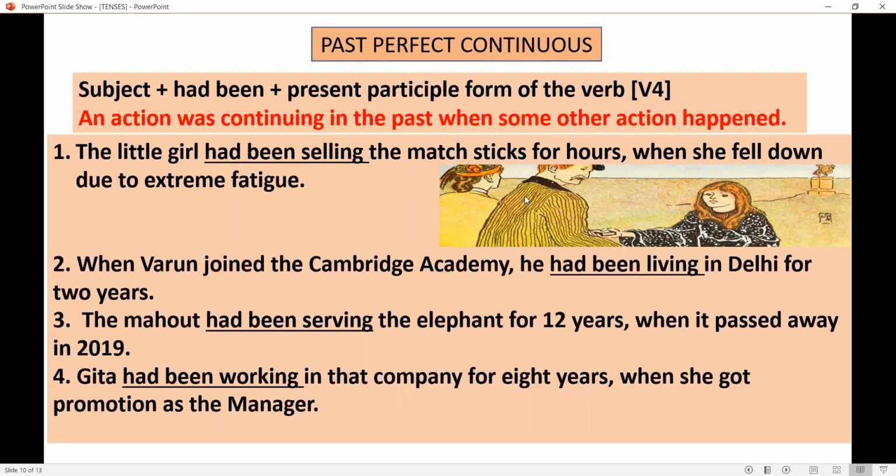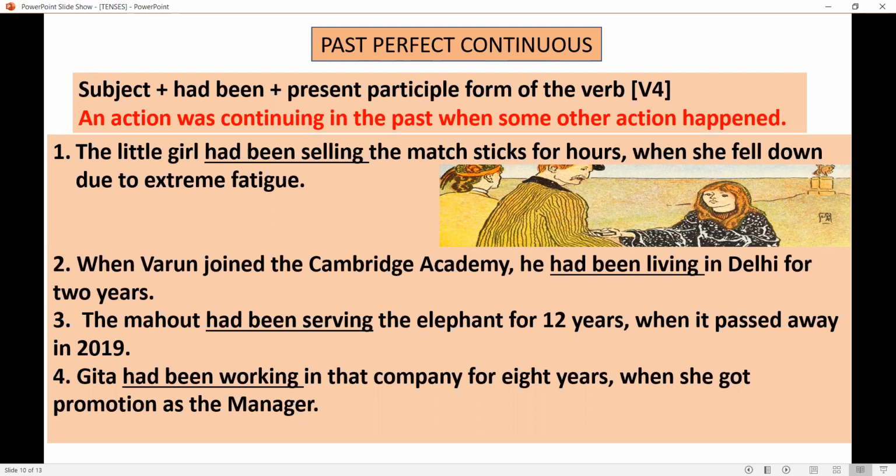Okay. So you know who is a mahout? The mahout is the one who takes care of the elephants. So he had been serving this elephant for 12 years, and in 2019, the elephant passed away.